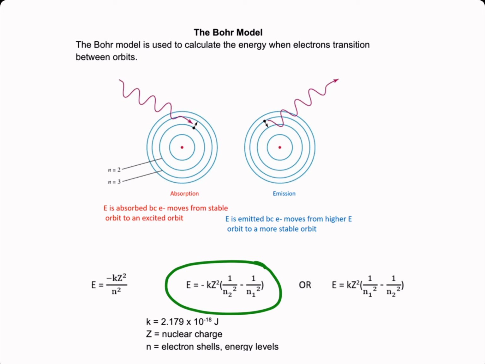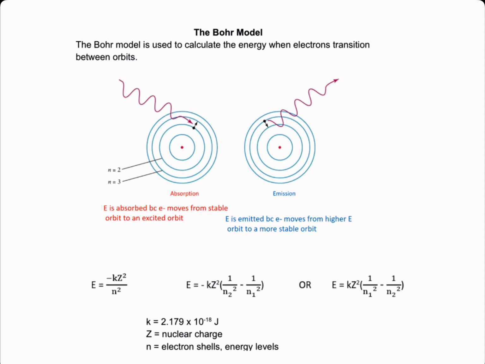Now, this formula is the same as this formula. The only difference is that the negative sign gets removed when we invert the final orbit and the initial orbit. So n2 is the final energy level and n1 is the initial energy level. If I invert that, I can go ahead and take out the negative sign.